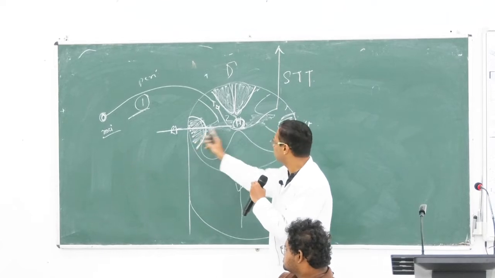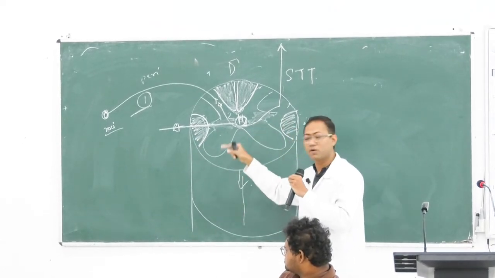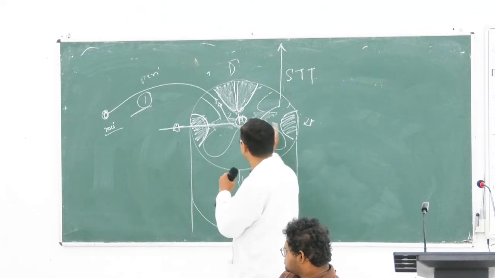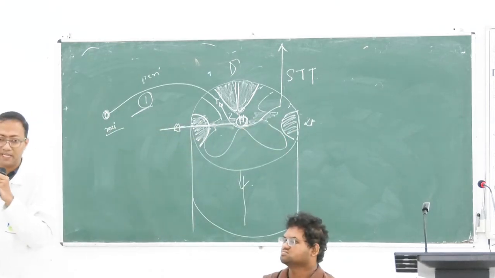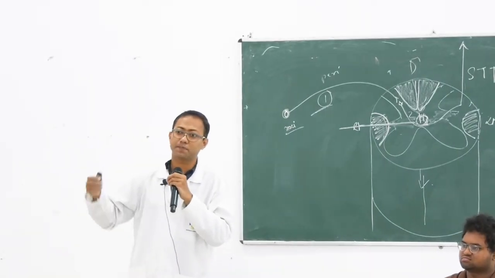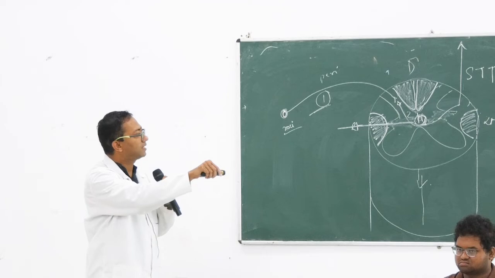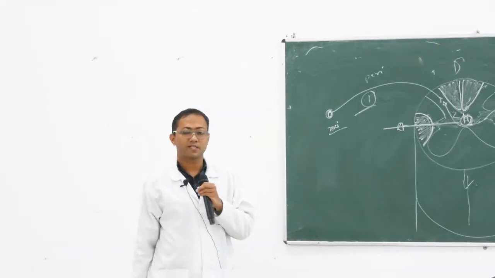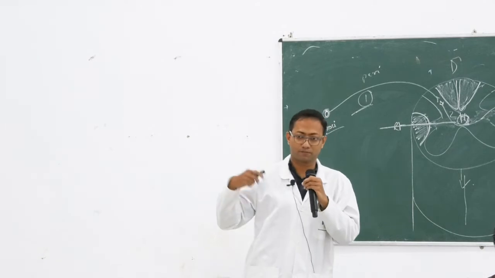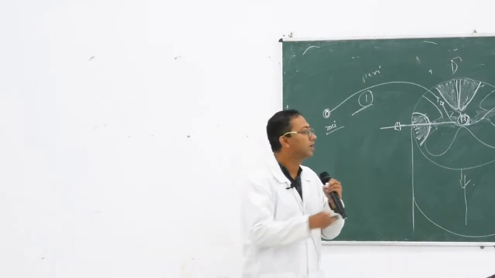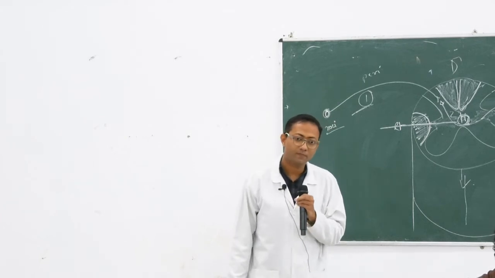So when there is some disease pathology involving the anterior spinal artery, your spinothalamic tract will be gone and you will lose your pain and temperature sensation. And the posterior spinal artery will supply the dorsal column, right? So when the posterior spinal artery is blocked or occluded somehow, there will be sensory deficit related to the dorsal column. Clear?